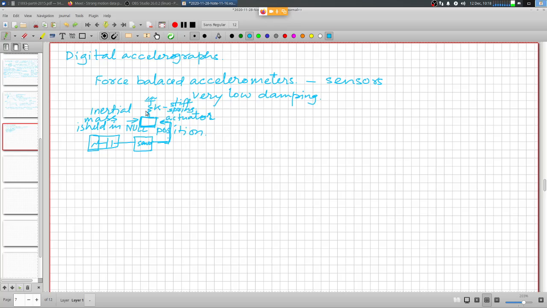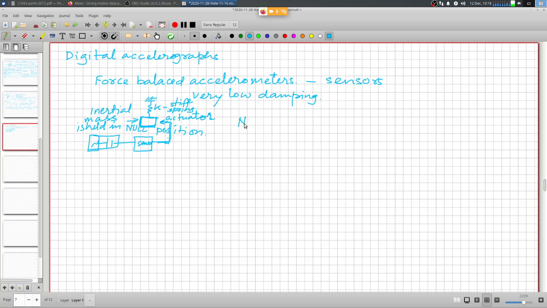So natural frequency of this oscillator is of the order of 200 hertz or more, so we can faithfully retrieve the information very easily about 75 hertz or so.